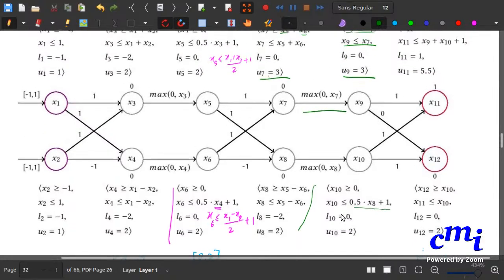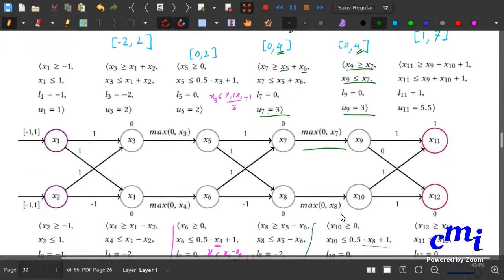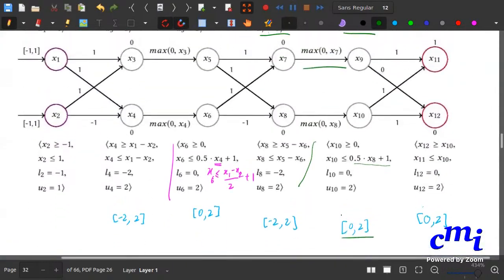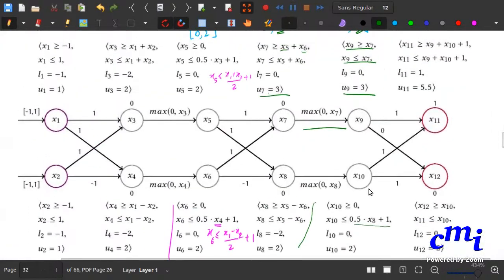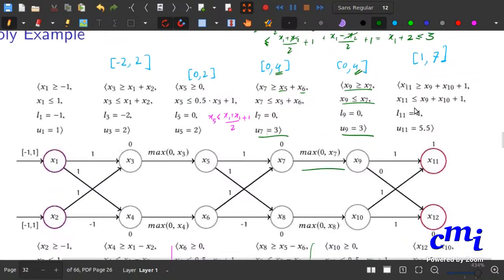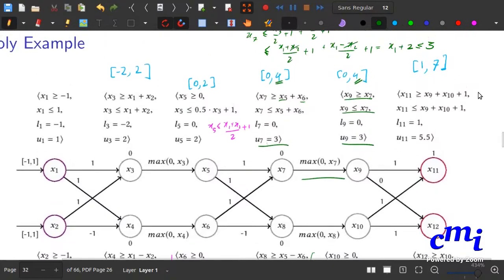But simply because we have this situation now, where these two bounds are like this, we can directly get a much better bound for x11, right? So let's see, x11, when we do the substitution, we get x9 plus x10 plus 1.